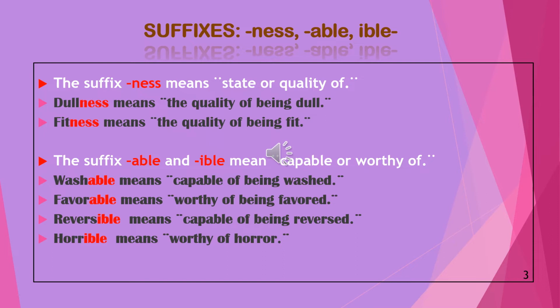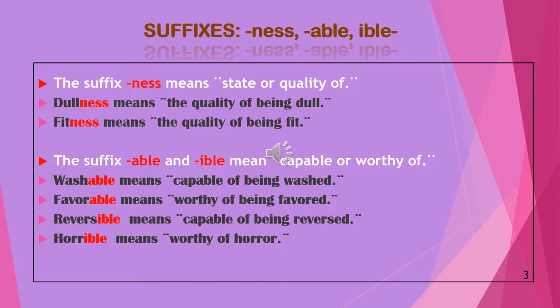Okay, now here you have the suffixes ness, able, and ible with their meanings and the examples. You should be able to identify the base word and the suffix. Why? Because the base word is in black and the suffix letters are in red.